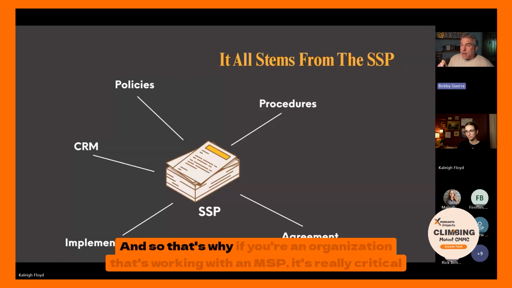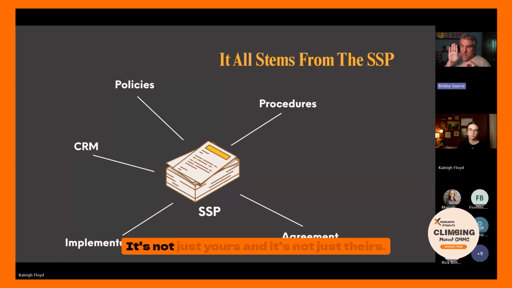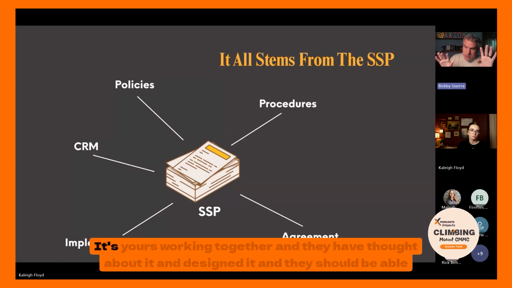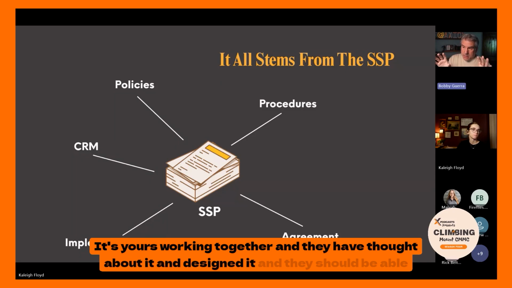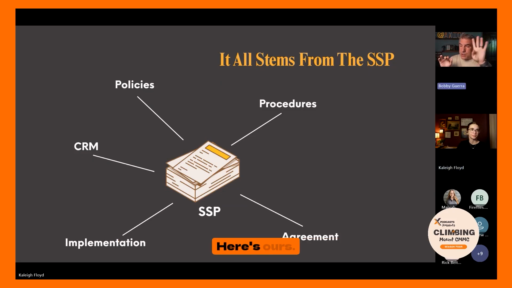And so that's why, if you're an organization that's working with an MSP, it's really critical that they understand it's not just yours and it's not just theirs, it's yours working together, and they have thought about it and designed it. If they've done this, they should be able to show it to you right then. Here's ours, here's the client's, here's the CRM.